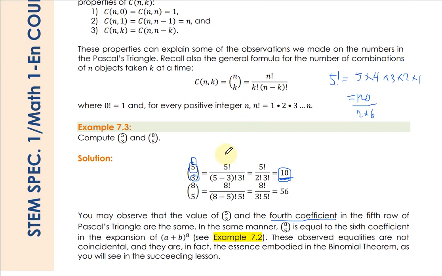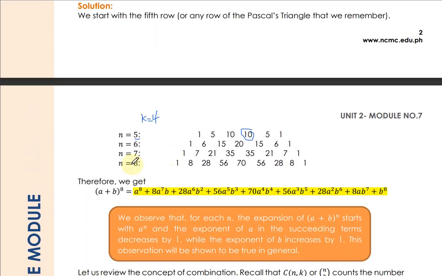So the same with 8 combination 5. So this is 8 ang atong n, then ang atong term nga gipangita is the 6th term, or that is 5 plus 1. So 8 ang atong n, then 6th term, 1, 2, 3, 4, 5, 6. So we have 56.